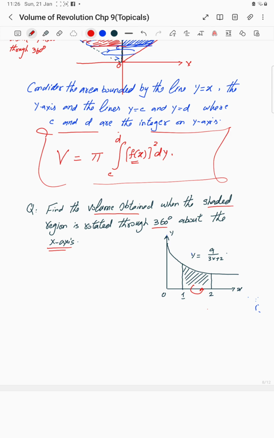So in the above discussion, we know that the volume of revolution of the object when it's rotated through 360 degrees along the x-axis is pi times the integral from a to b of f of x squared dx, right? So what is f of x here?